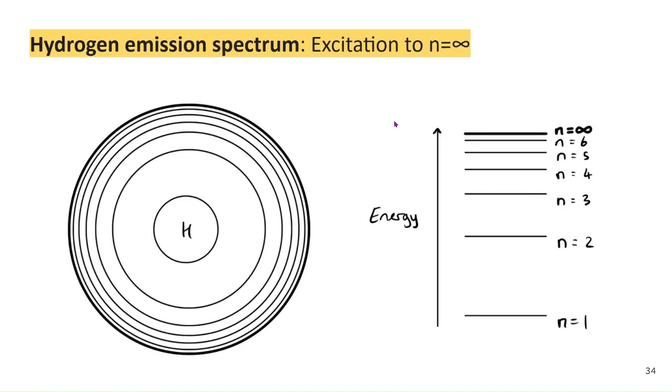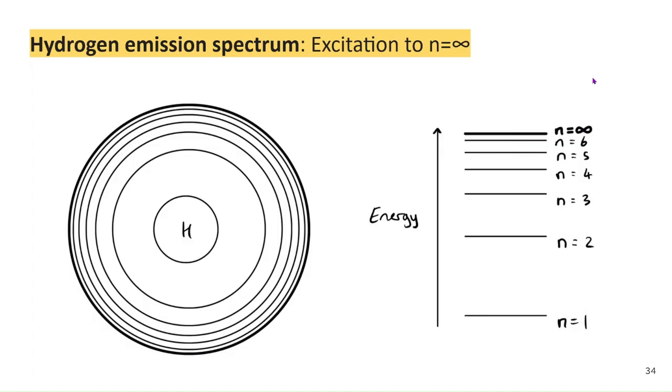So here is one that's a little bit more confusing. We have the hydrogen emission spectrum, and we have what says up there, excitation to n equals infinity. So we've seen 1 through 6, but we know as we get higher and higher in energy, these levels get closer and closer together.